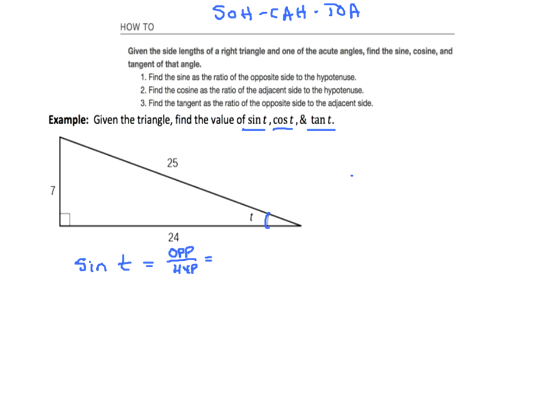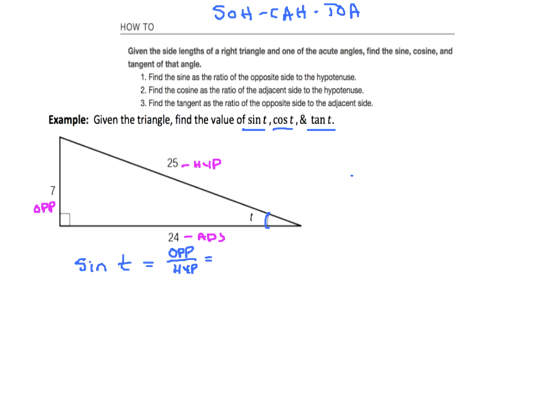Actually, I'll just label the whole triangle with their respective labels. Remember, across from your right angle is always your hypotenuse. The side that's touching or next to the angle that you're working from is adjacent, and the side that's across from the angle that you're working with is your opposite.